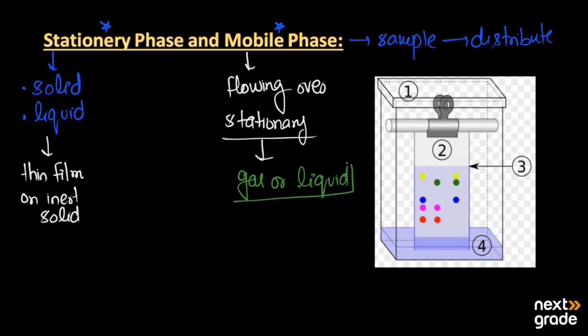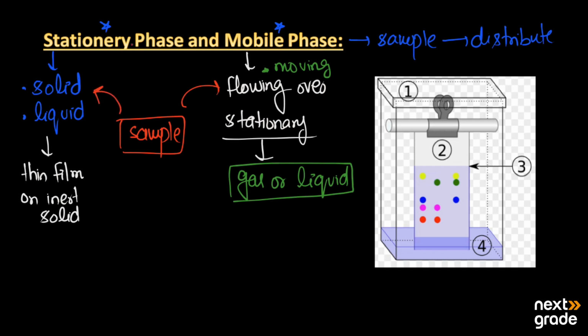The main thing is that mobile means flowing, or we can also use the word moving phase. So when we have two phases, the sample distributes itself into the two phases, one stationary and the second mobile.